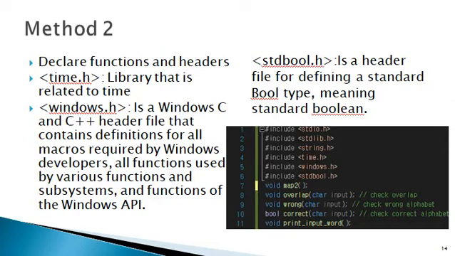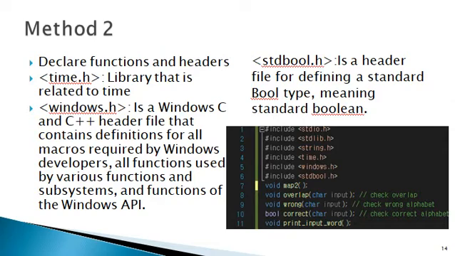Time.h means a library that is related to time. Windows.h is a Windows C and C++ header file that contains definitions for all macros required by Windows developers, all functions used by various functions and subsystems, and functions of the Windows API.